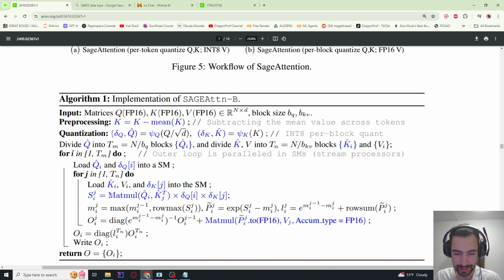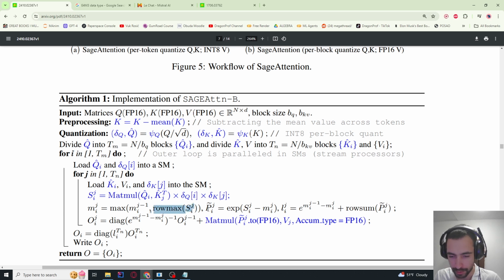And then we calculate this S, which is a matmul, the classic matmul. So we matmul Q and K quantized blocks, and then we scale them back into full precision. So this part below is FlashAttention, which I said was a bit tough for me, but basically this m is gonna keep the maximum value from the previous one and the current one, this row max.